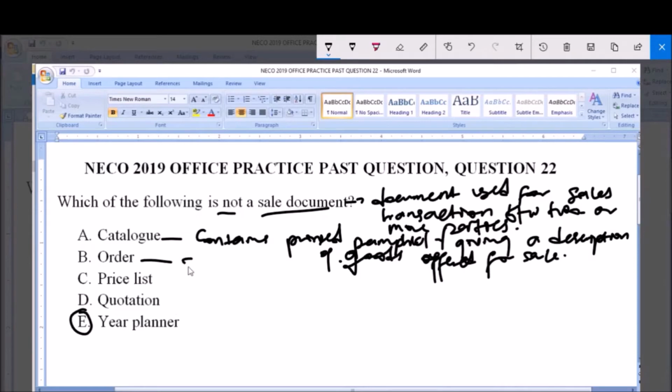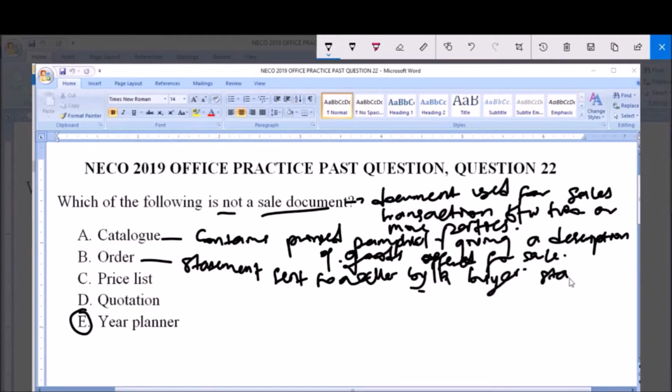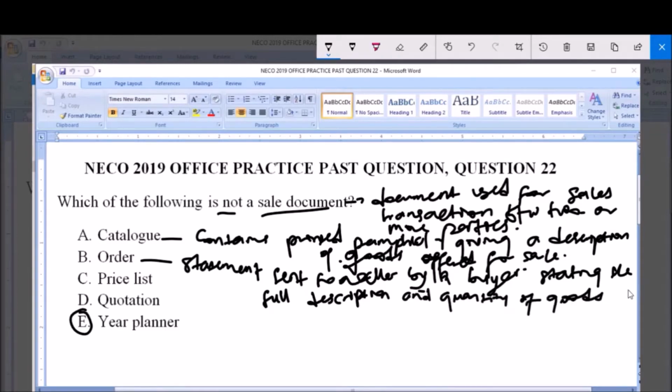So it's a statement or a document sent to a seller by a buyer stating the full description and quantity of goods required. Therefore order is a sale document because it's used for sales transactions.